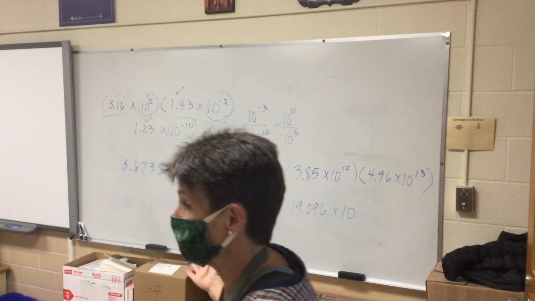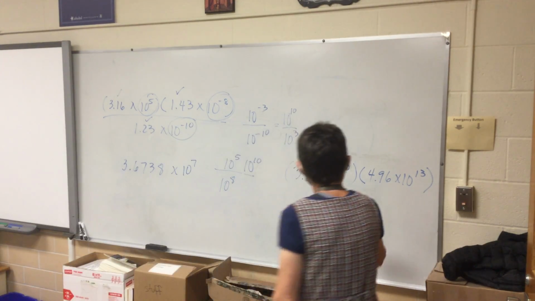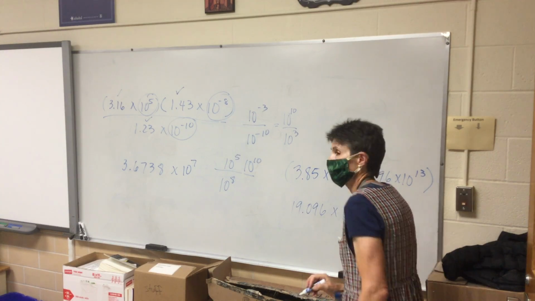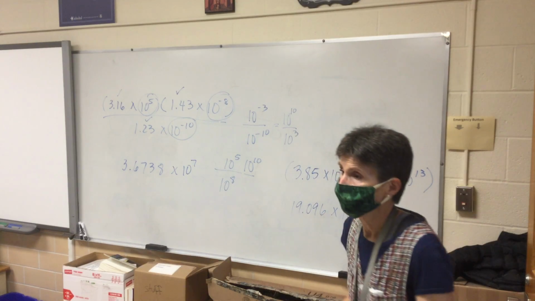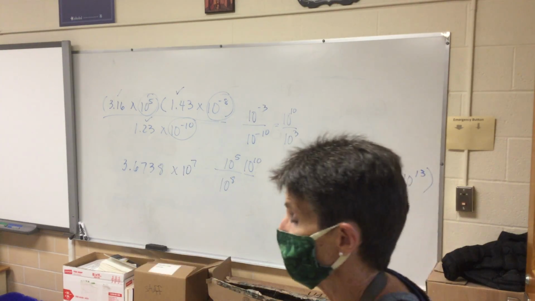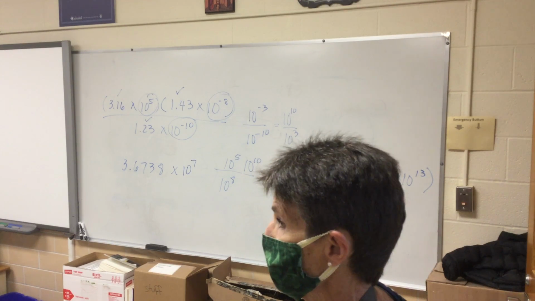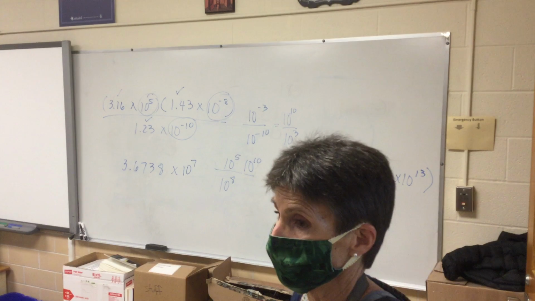So what's that give me altogether? 23 tens. No negatives to mess with. No division. It's all multiplication. So we're just adding those exponents, 10 tens and 13 tens.